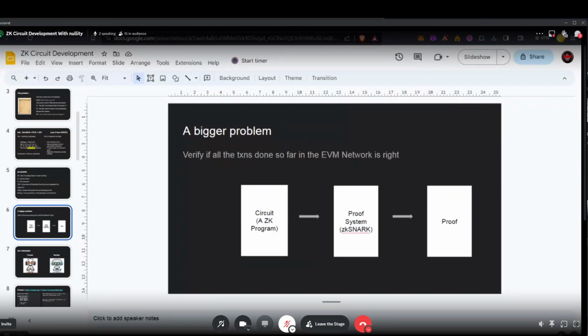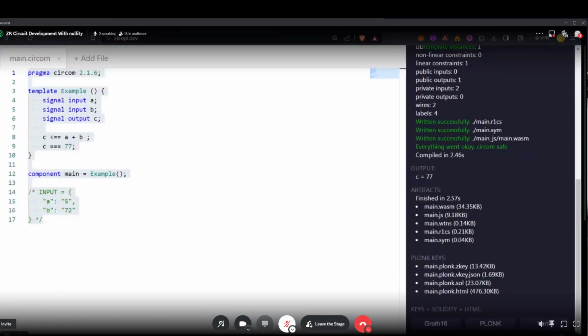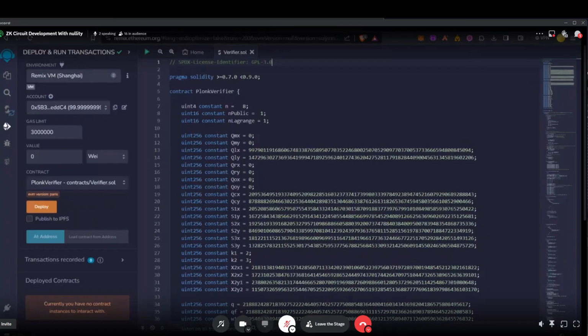So Plonk is also the name of the IOP, and the polynomial commitment scheme that we use here is KZG. So let's say you're generating a proof using the Plonk proof system. You would get a verifier generated by the same proof system, and that is what we have here, the Plonk verifier contract.